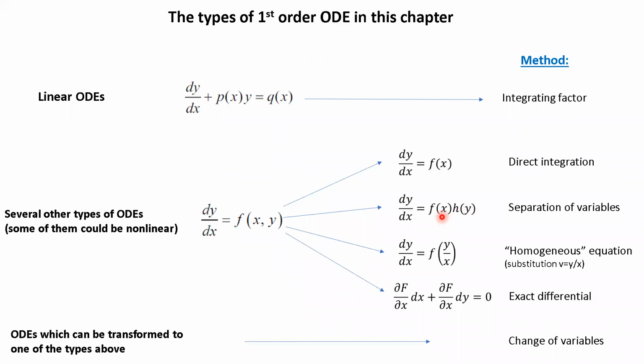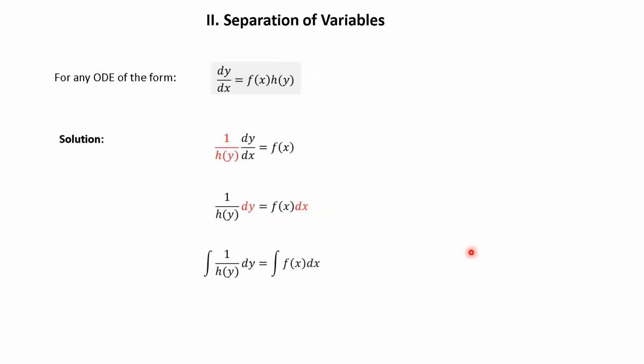So now the other method that I'm going to talk about is for solving the so-called homogeneous equation. I'll talk about this method, and then I'll give you one tutorial problem on that.